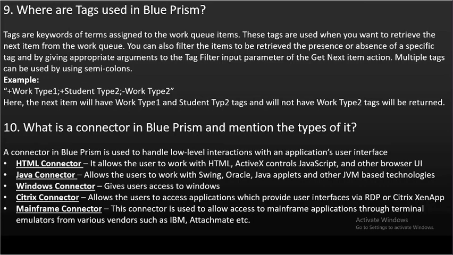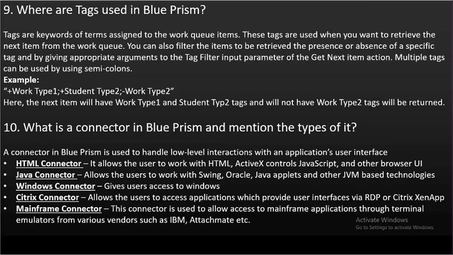The Windows connector gives the user access to Windows, whereas the Citrix connector allows the user to access applications that provide a user interface via remote desktop protocols or Citrix XenApp. And the last one is the mainframe connector.